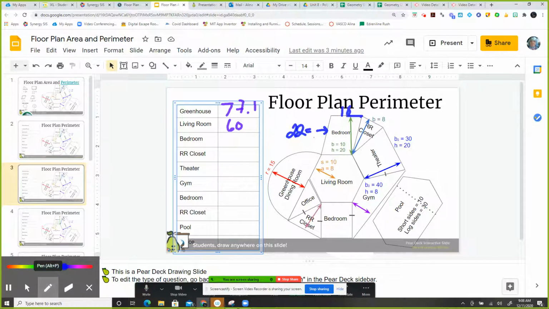So if I've got 10 and 22 and 10 and 22, what's the perimeter? These should be easy. You can put it in the chat. William, I like that it's bigger.